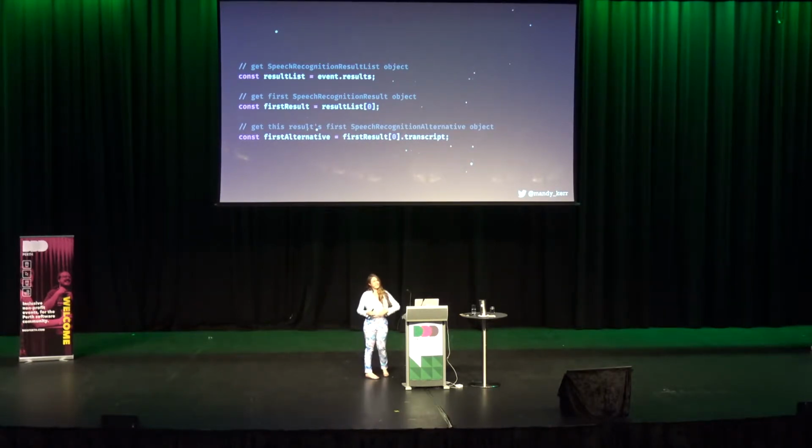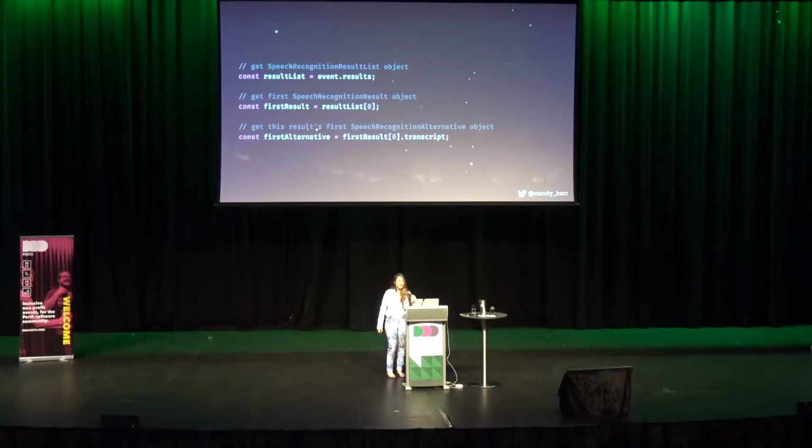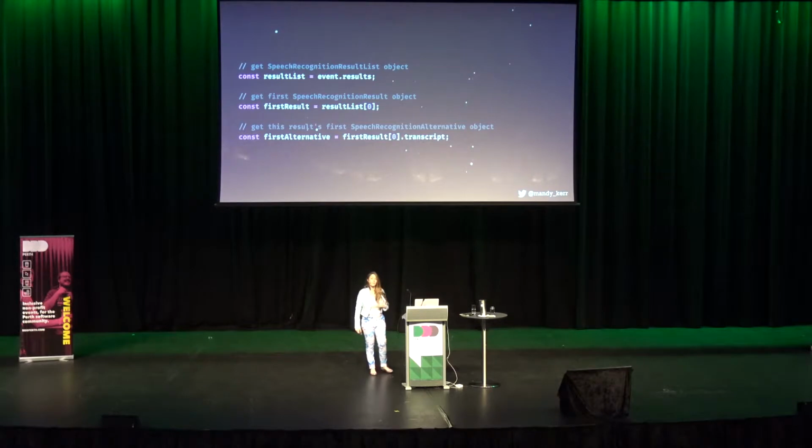So what happens is we can get the result list, the speech recognition result list object, and that has the speech recognition result object, and that has the speech recognition result alternative, which is a little bit confusing, but as I say, because the speech recognition API can return multiple results, it kind of needs a few ways in which you can access things. For the purposes of today, we're just going to get one result, and we're going to focus on the speech recognition alternative object, which is where the transcript for the text that it thought it heard from the microphone lives.